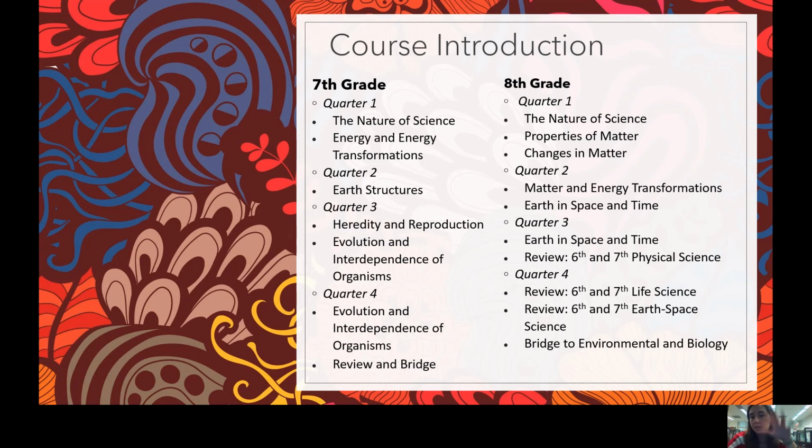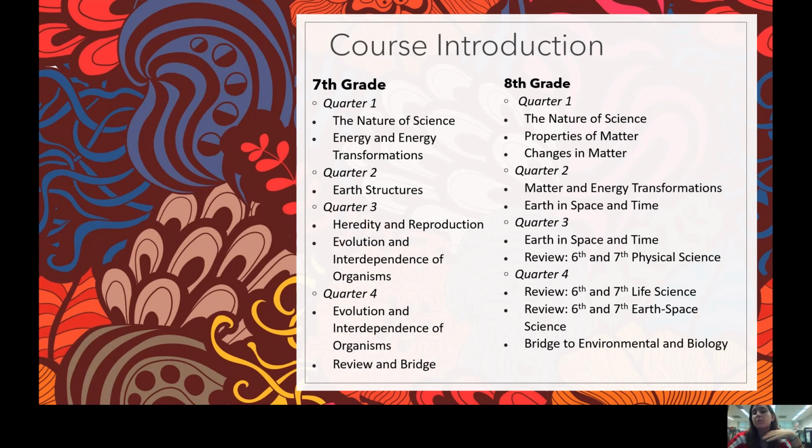8th graders, we've already done nature of science as well, so we've covered that. Right now we're talking about the properties of matter. Then we're going to talk about changes in matter. Quarter 2, we're going to talk about matter and energy transformations, Earth in space and time, and we're going to continue Earth in space and time to the 3rd quarter, possibly even the 4th quarter, depending on how quickly we can get through it.